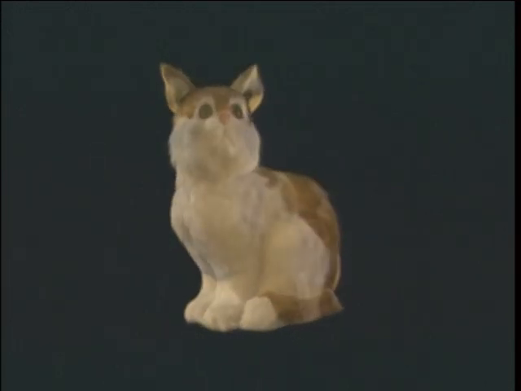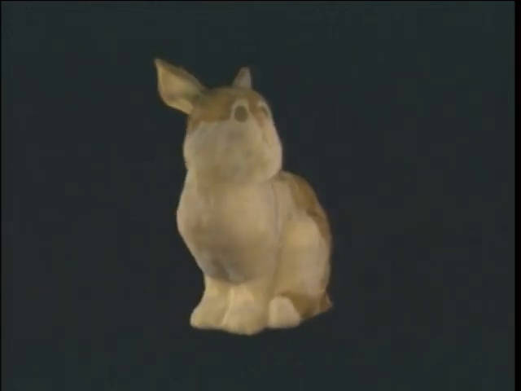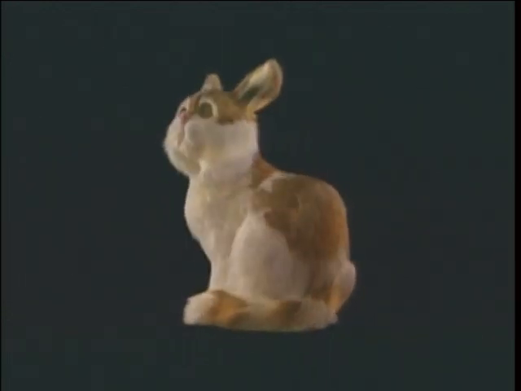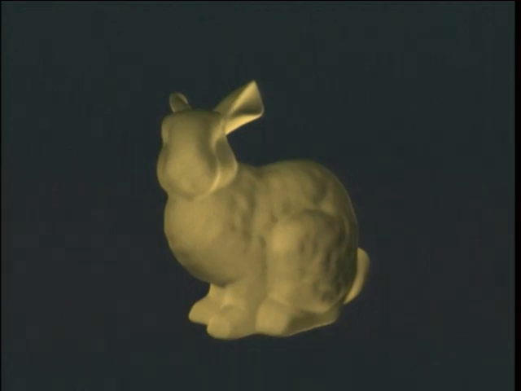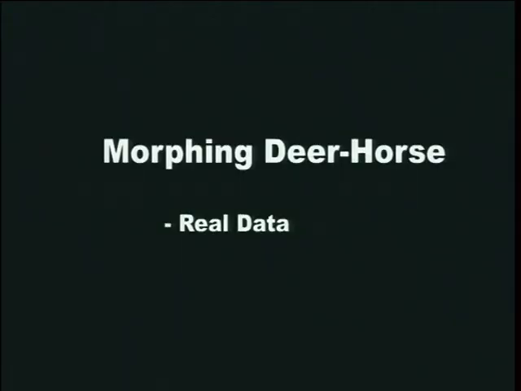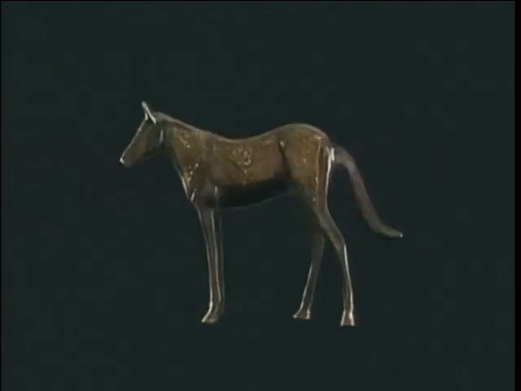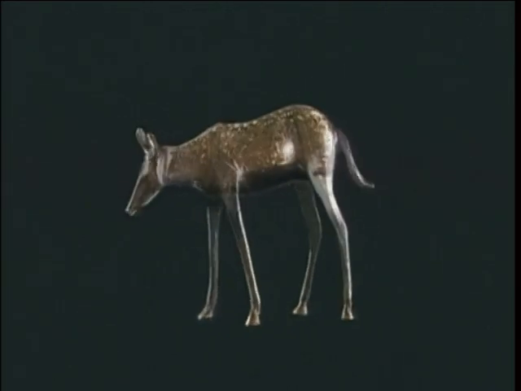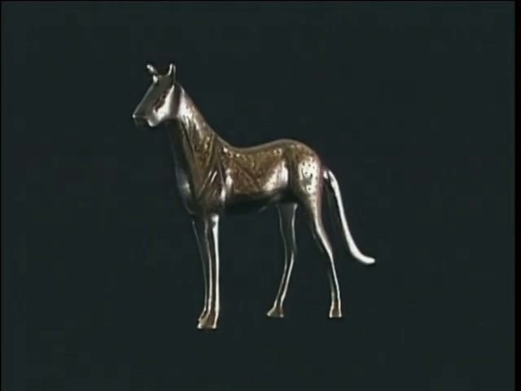The cat's fur is very difficult to model with traditional graphics techniques. This example demonstrates morphing effects with significant occlusion, shape changes, and specular surfaces from two real light fields.